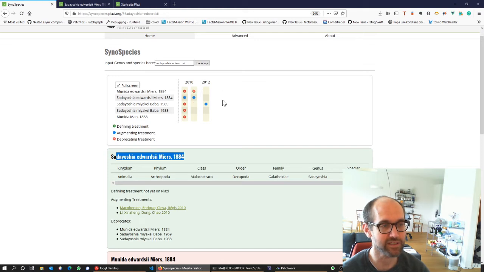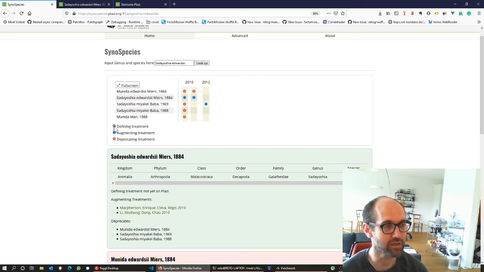Here we see this in a graphical fashion, so we see different names, and we see that they were mentioned in one treatment in 2010. This red circle with a cross means that that name has been deprecated in that treatment, and the blue bullet means that this treatment just mentioned and provides new information about this species.